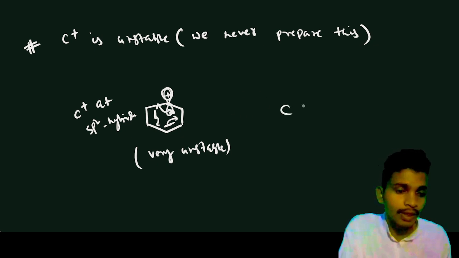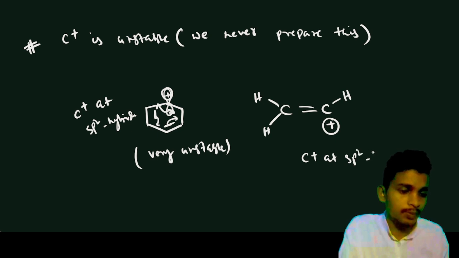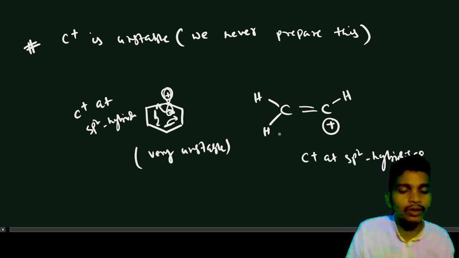Another case is if we have this type of carbon, with hydrogen there, and some atom here, and let's say here we have a positive charge. It means that the carbocation is sp2 hybridized, so these things also we will never see.